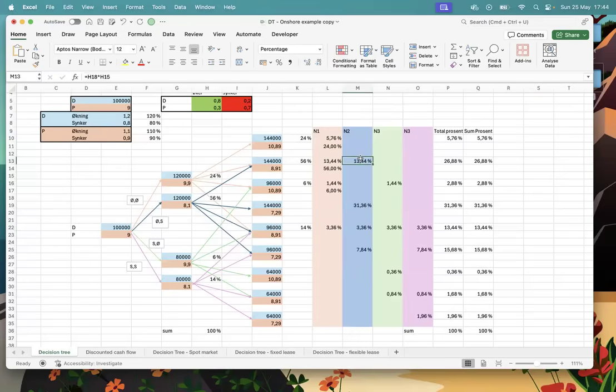This probability right here is just what that node from the first period would be, so it'd be 24% for increase times 24%. But that's not that important right now. It's just important to understand that from one period to the next, it's the same probability for each split from that node.